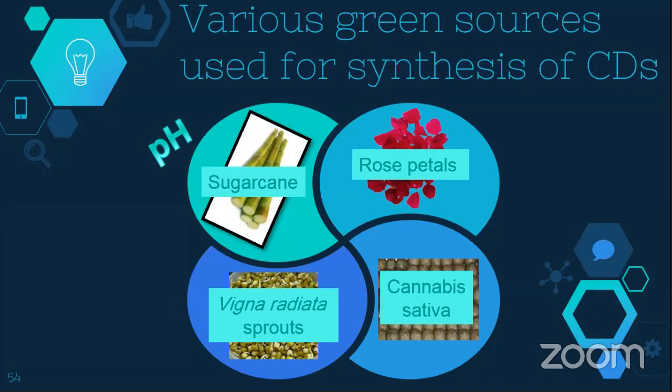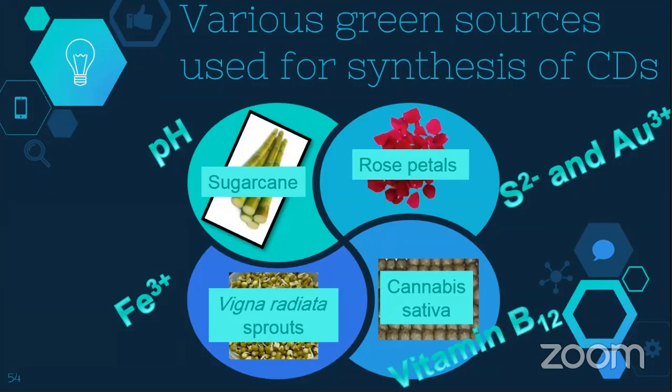Then the carbon dot from rose petal worked for sensing sulfide and gold. With Vigna radiata sprout, the carbon dot prepared from it could sense Fe3+ ions. And with cannabis, we could sense vitamin B12. All this was done using photophysical properties, optoelectronic sensing properties.